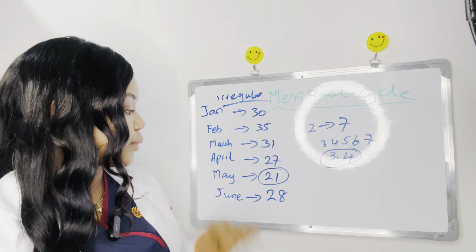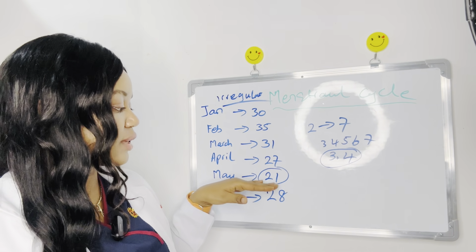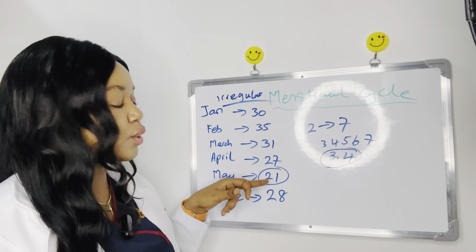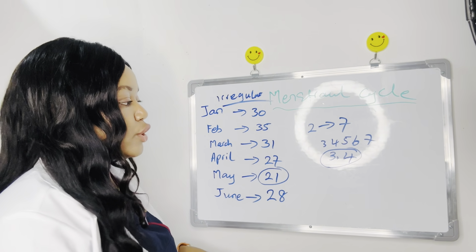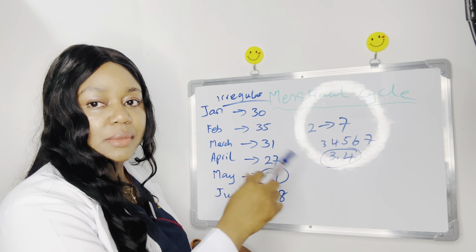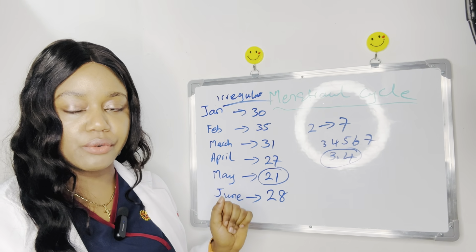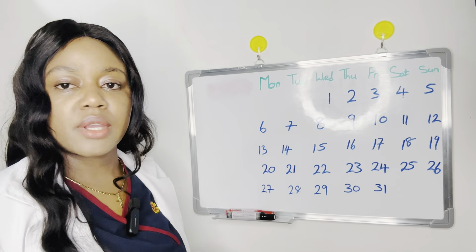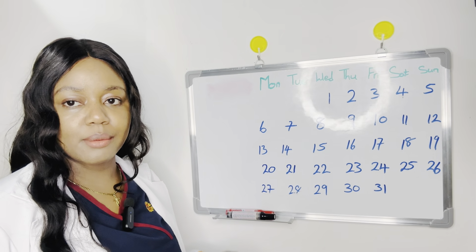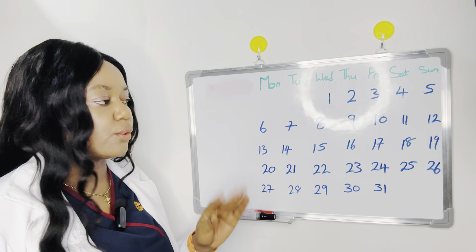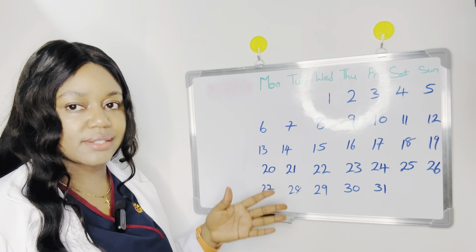So I'm going to take an example for this one. For the irregular period, the lowest day was 21. So I'm going to use a 21 days menstrual cycle and demonstrate how the person can check the ovulation from this. So let's go, guys. This is my calendar. I'm going to be showing you how to calculate the ovulation period for an irregular cycle.